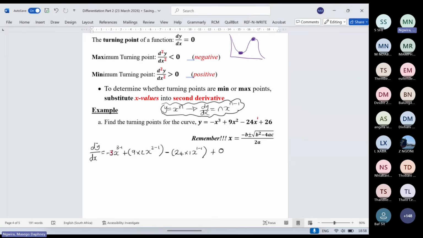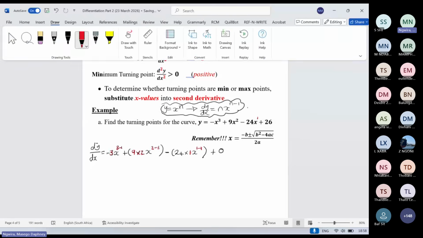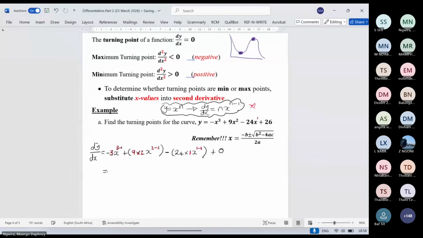This is 3 minus 1, 9 times 2, then 2 minus 1, and then 1 minus 1. I hope that makes sense. I'm doing what I did here. So this will be negative 3x squared, and then plus 18x, and then minus 24 x to the power of 0.